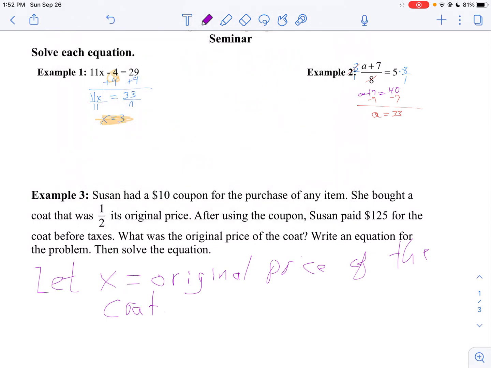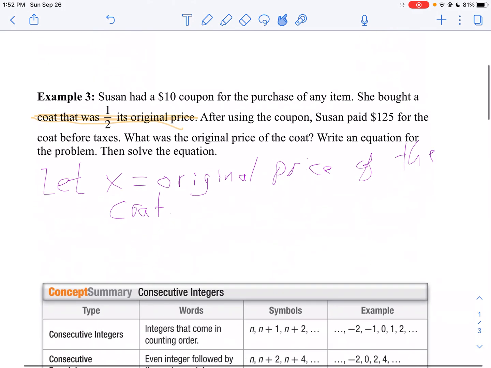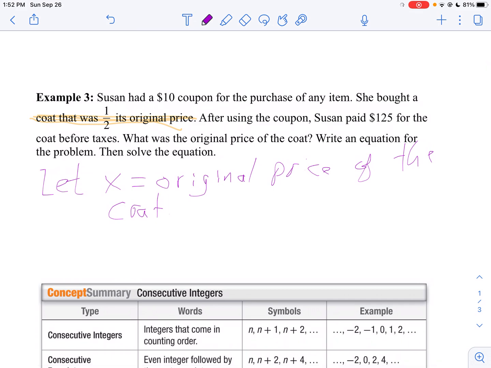So I know I'm taking $10 off, but I'm doing that secondly. That's after we paid half off for the coat. So I'm going to take half of the original price. So I'm going to say 1/2 x. Then we'll take the $10 off, so minus 10. That equals the price of the coat, which is $125.